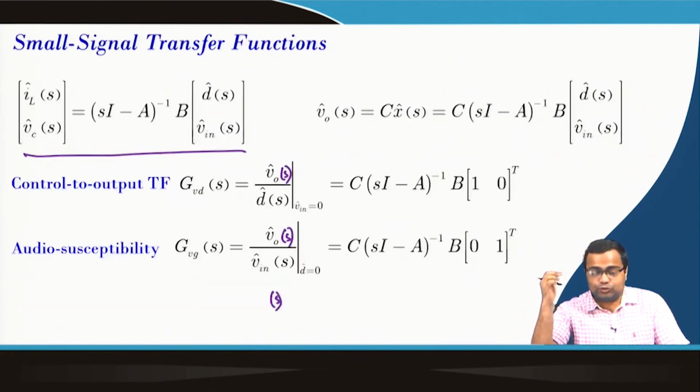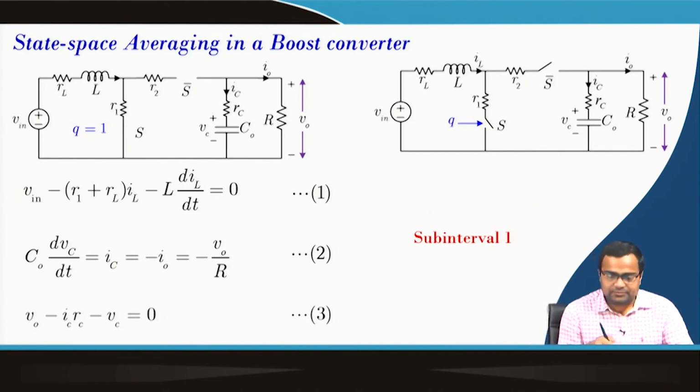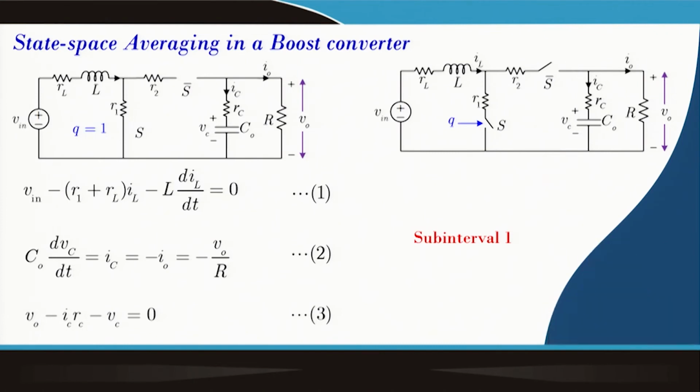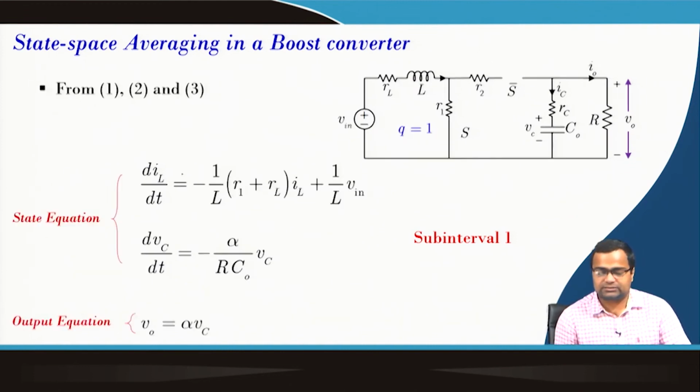But if we take a boost converter, it is something different, where again we can take two sub intervals, sub interval 1 and sub interval 2. In this case our main switch is on and the complementary switch is off, and we can write down all the equations and then plug in to make the state space equation, where again we are taking x1 to be IL and x2 to be Vc, the capacitor voltage.